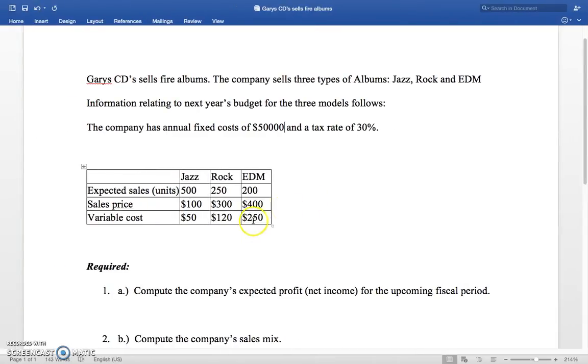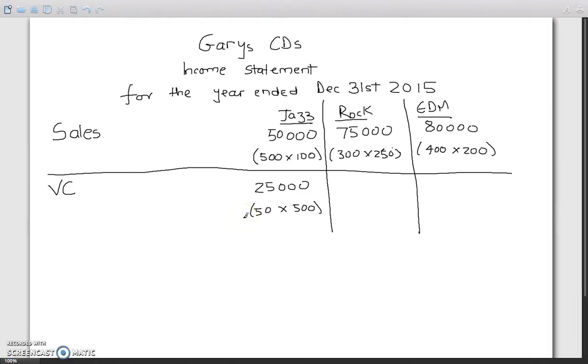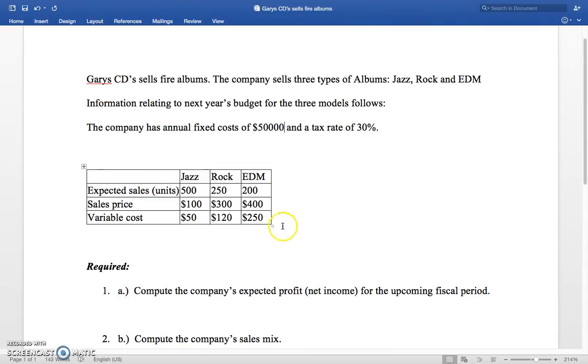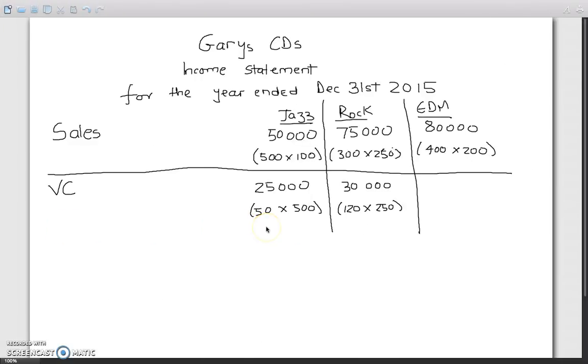And then 120 times 250, that's 30,000. And finally, for the last one, it's 250 times 200. That's 50,000. All right, so that's your variable cost.